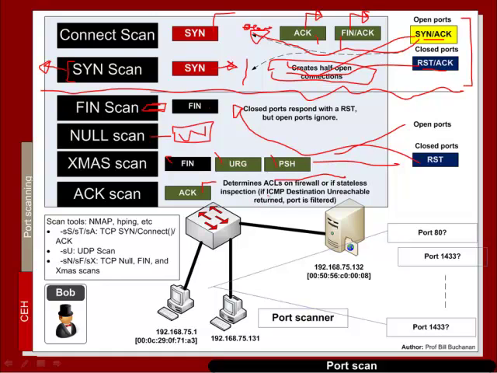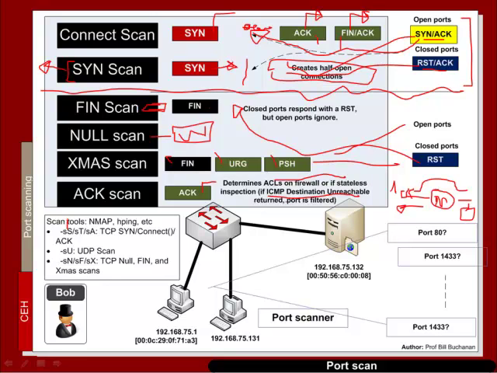In this case, an ICMP destination unreachable is returned if the port is filtered on the firewall. So it means that the server is being filtered by something like a PIX or an ASA type firewall, which is stateful. If we get a destination unreachable for our ACK scan, then we know that the firewall is stateful.